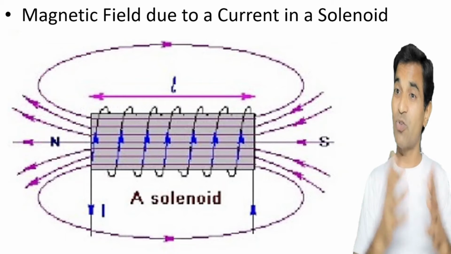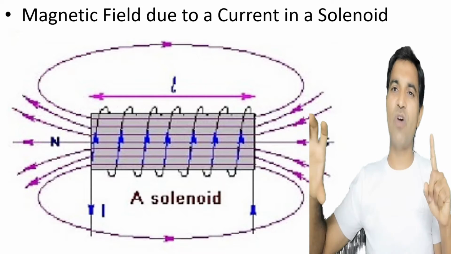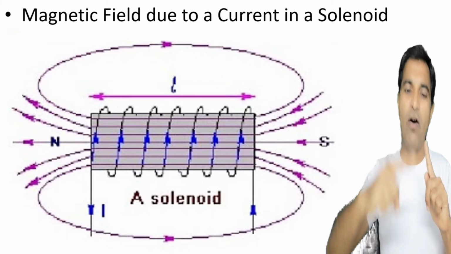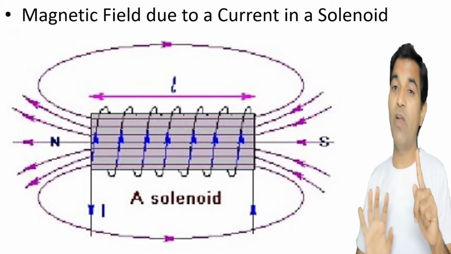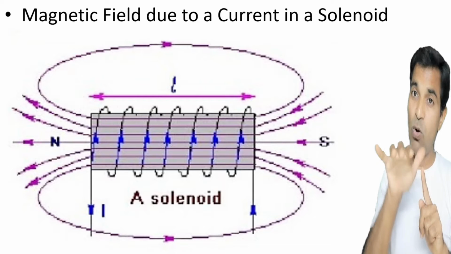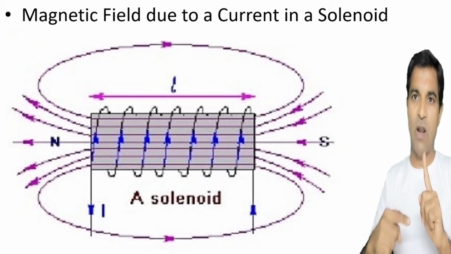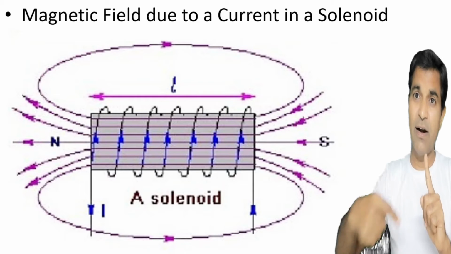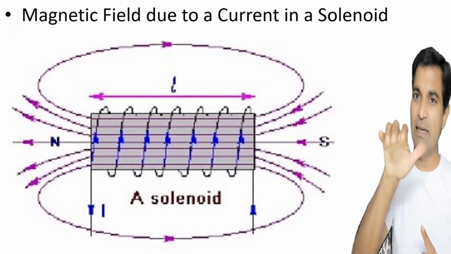Now let us talk about the solenoid. What is a solenoid? A solenoid is nothing but a soft core material on which we have wrapped a copper coil. Now when we pass current through those conductors, we have given the supply of current, then the direction of current may be given by these fingers.